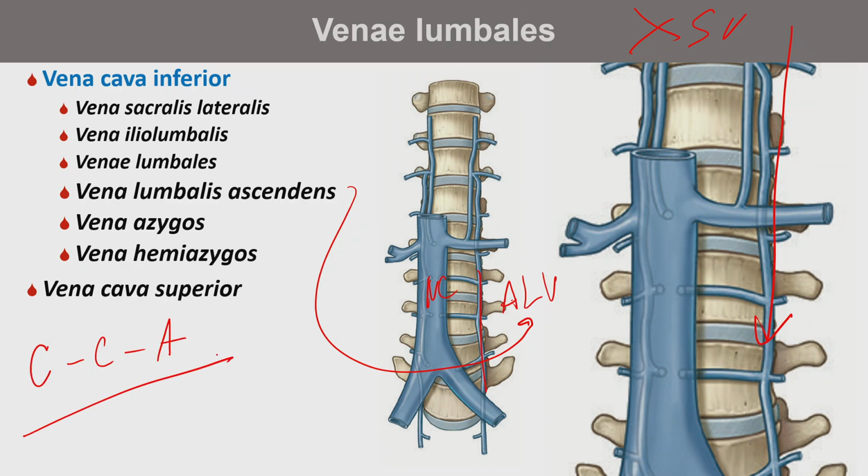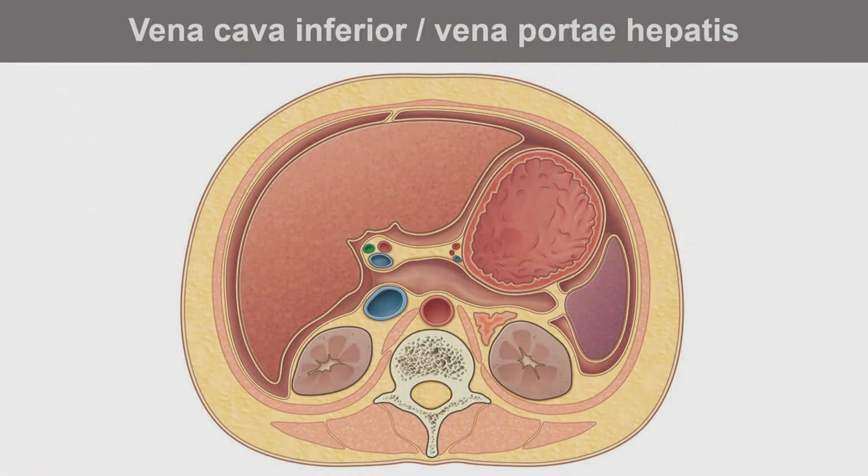Cavo-caval anastomoses are connections between the superior and inferior vena cava territory, and in some situations when one of those veins is occluded by a tumor, by thrombosis, or by a ligature, the blood could flow the other way and provide the outflow from the head or upper part of the trunk into the lower or vice versa. So the lumbar system is localized around the spine.